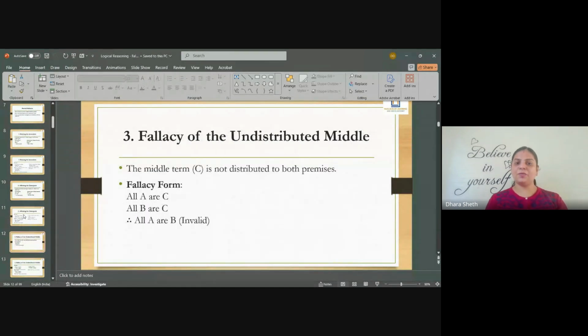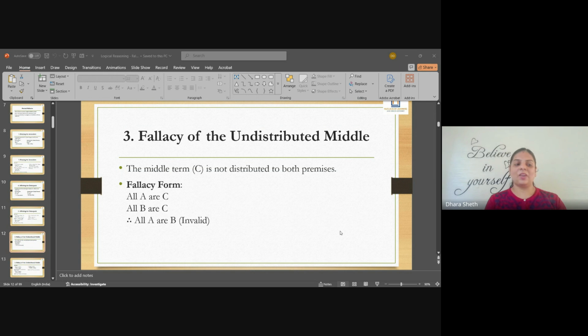The third is the fallacy of the undistributed middle. Now this one is quite commonly asked. The middle term. What is the middle term? The middle term is that term which is there in the first premise, that is the major premise, and there in the minor premise, that is the second premise, but it is not there in the conclusion.